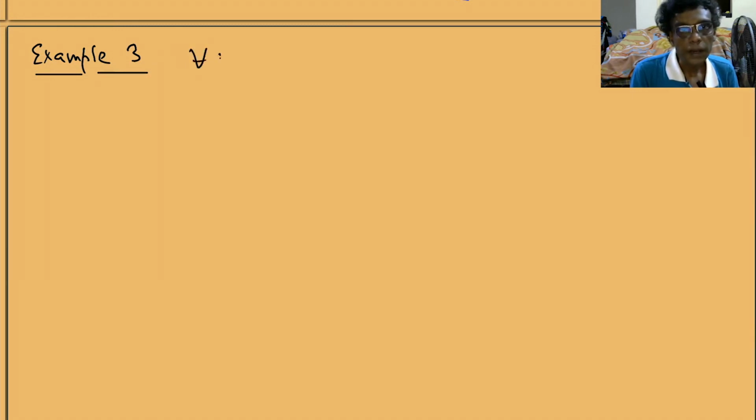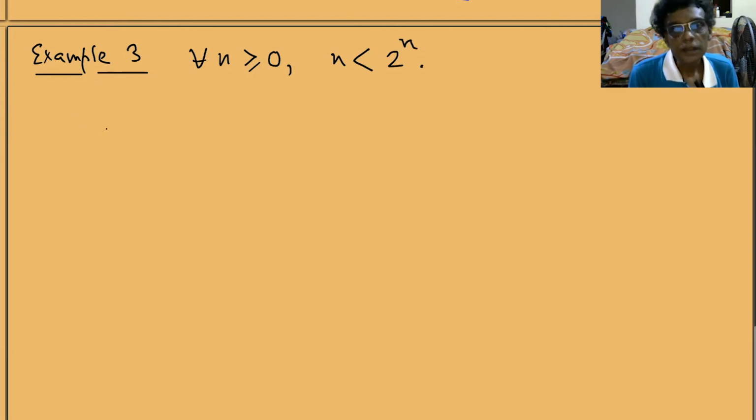For all integers n greater than or equal to 0, n is less than 2 power n. Okay, this has a very big implication later, we will see. If we have a set of size n, then the power set of that set has size 2 power n.